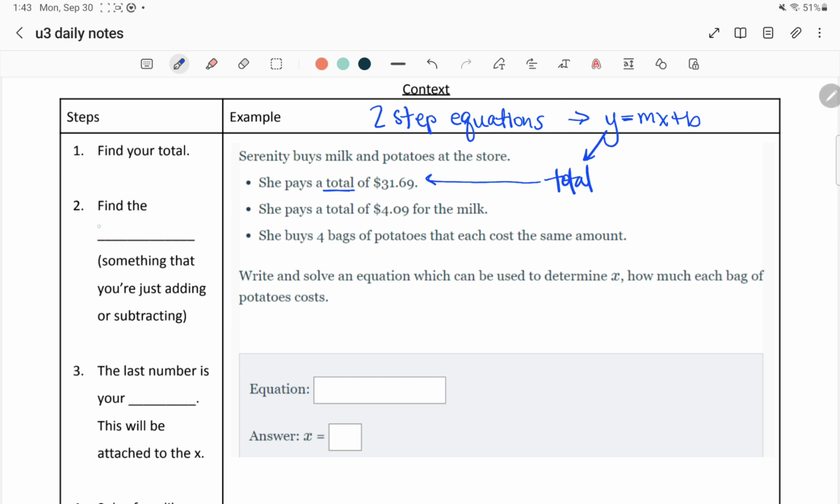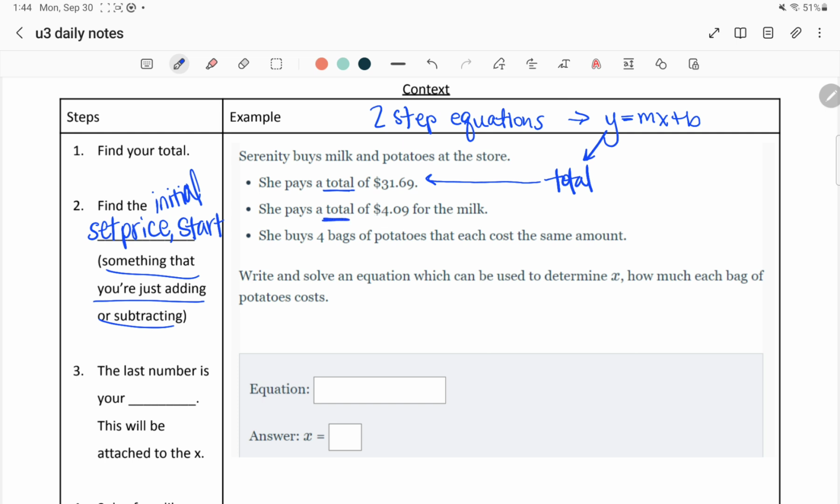After that, step 2 is I need to find the set price. Or another word would be the starting value or the initial value. This is always going to be something that you are just adding or subtracting. So notice my milk is a total already.